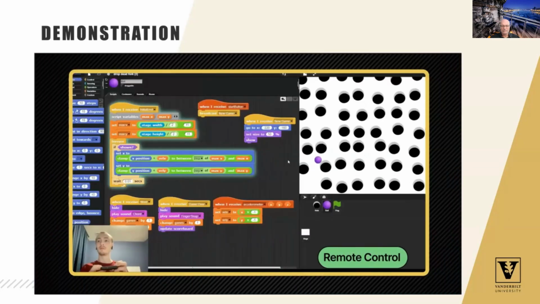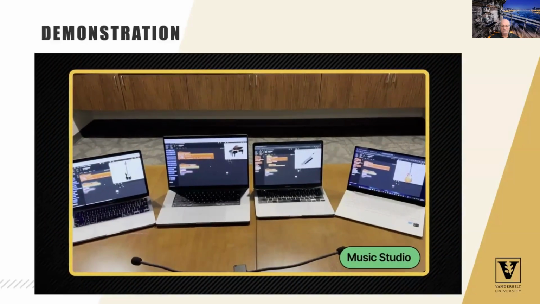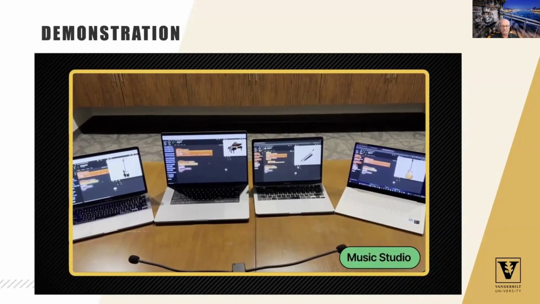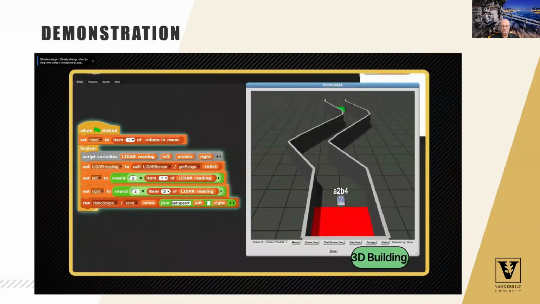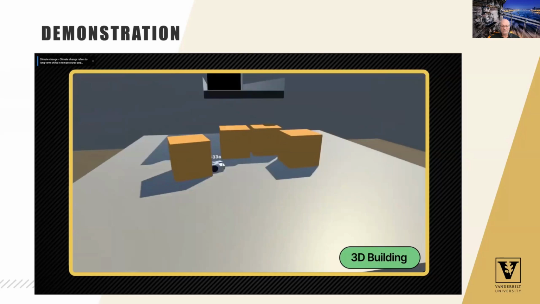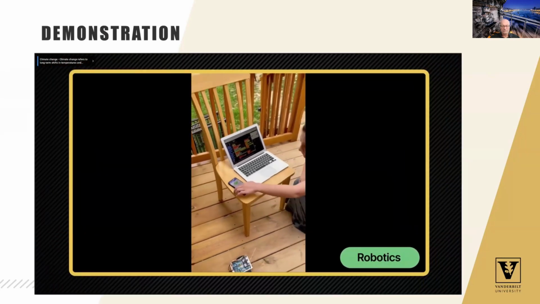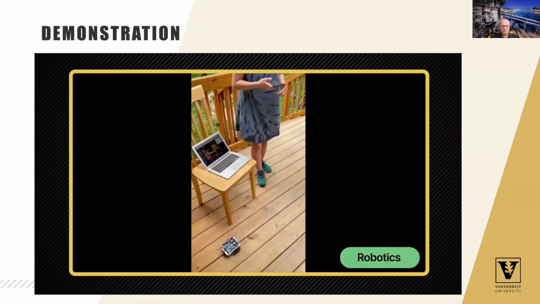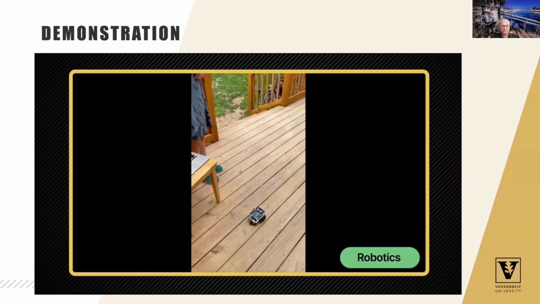Turn your phone into a game controller. Orchestrate a digital band that plays synchronized on multiple computers. Program self-driving robots and build the 3D worlds they live in. You can even write code that turns your phone into a robot controller. And when you're ready to level up, you can switch to Python without losing any of the advanced features you have come to love with NetsBlox.